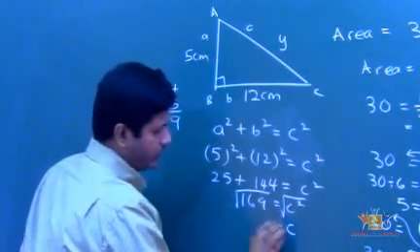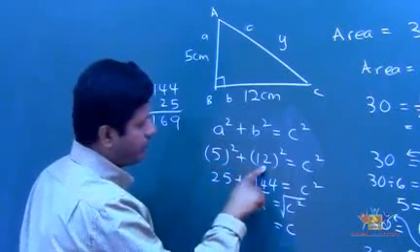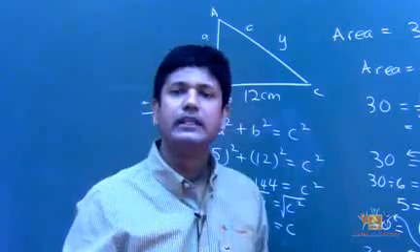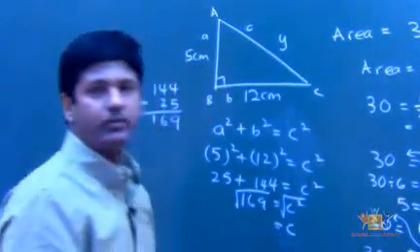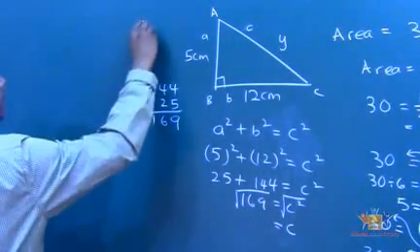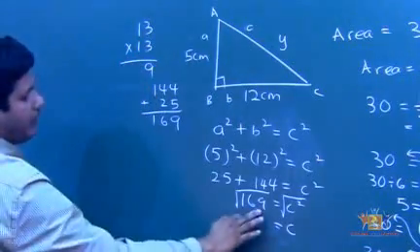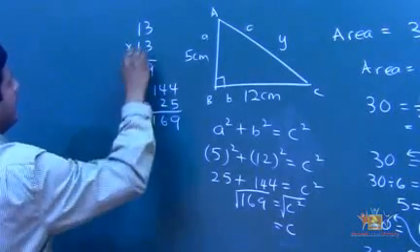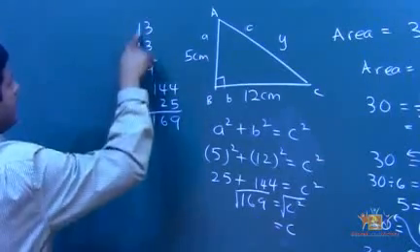So the square root of c squared is c. The square root of 169 is? Well, you already know 12 times 12 is 144. The next possible number will be 13. Let's find out. Don't just say, well, it could be 13, and put down 13. No, do it. Multiply it out. Make sure it comes out right. 13 times 13. 3 times 3 is 9. 3 times 1 is 3. 1 times 3 is 3. 1 times 1 is 1.